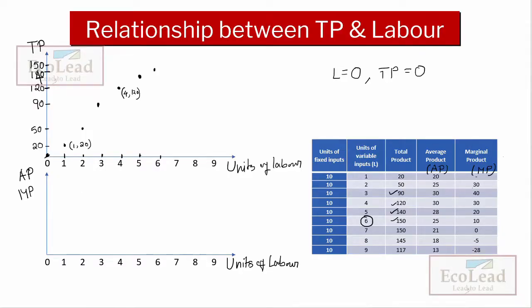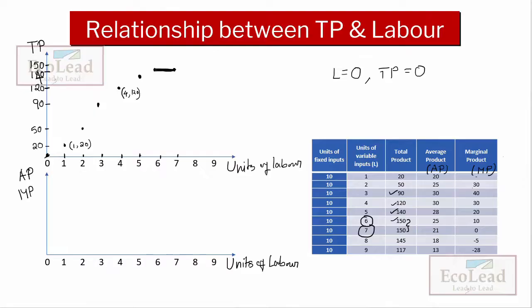Now if we engage the 7th unit of labor, what is happening? We can see that there is no change in the output. So here the total output will be saturated. In the graph, how can we find out the saturation? We can find out the line which is parallel to the x-axis.